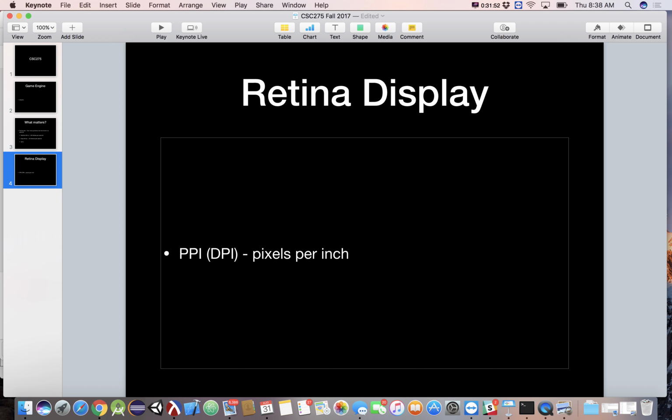Okay, so the idea is if you go back to the early days of iPhones, let's look at the transition with the iPhone 3G to the iPhone 4. 3G did not have Retina display.